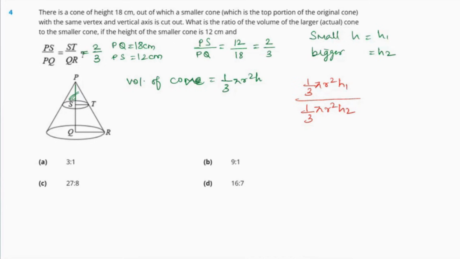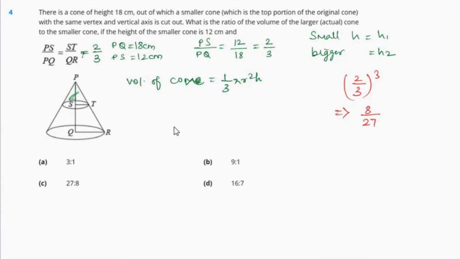Now the volume of a cone is given by the formula that we have, and the ratio of their volumes is the cube of the ratio of their corresponding linear dimensions, which means either the ratio of their heights or the ratio of the radii. Since we already know the height, we will go with the ratio of their heights. So that is going to be 2 by 3 cube, and if we solve it, we will get 8 by 27.